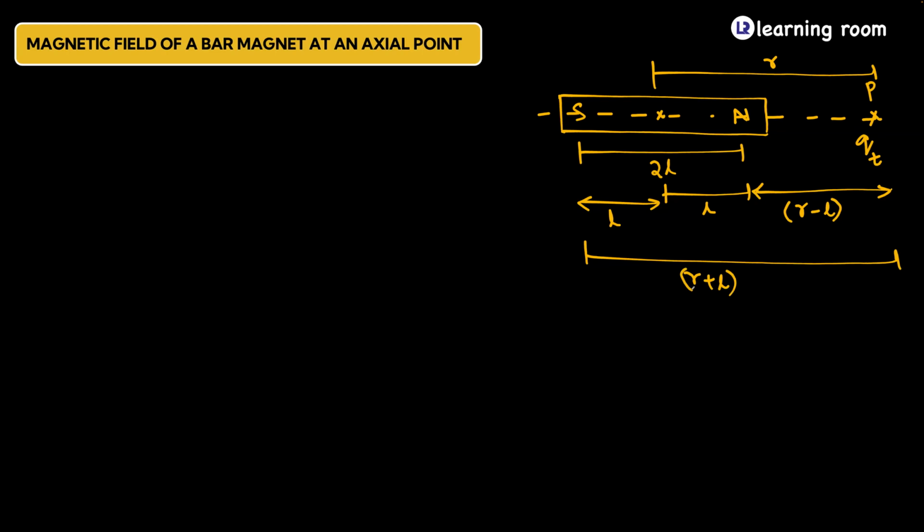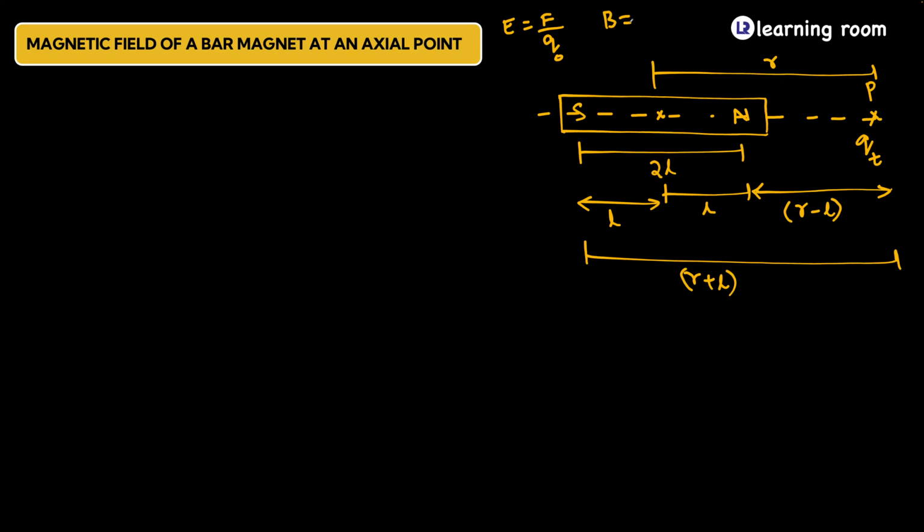Makes sense? Okay, what is our job? We need to find the magnetic field of a bar magnet at an axial point. Listen to this carefully. Electric field is given as the amount of force per unit charge. You remember this? F divided by Q naught, where Q naught is going to be the test charge. In a similar way, if you write magnetic field, so here what does this force stand for?